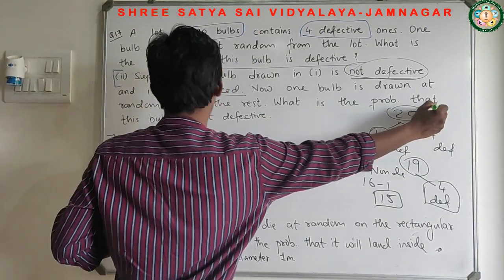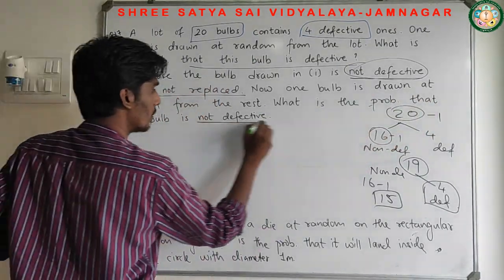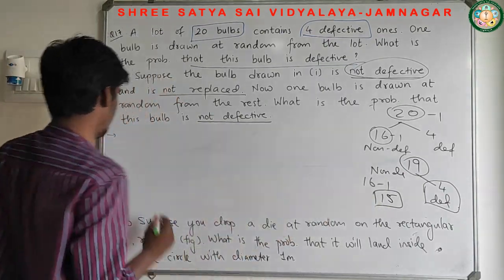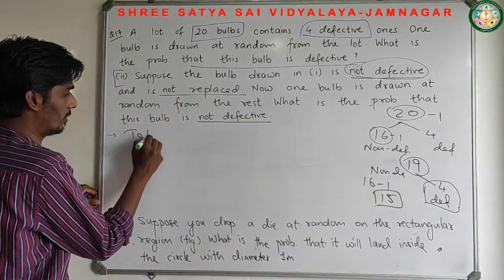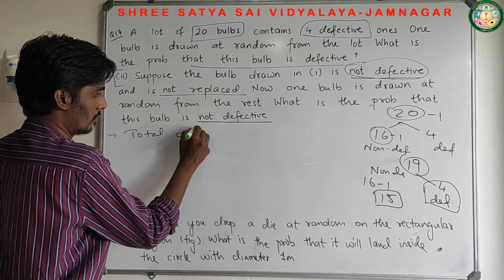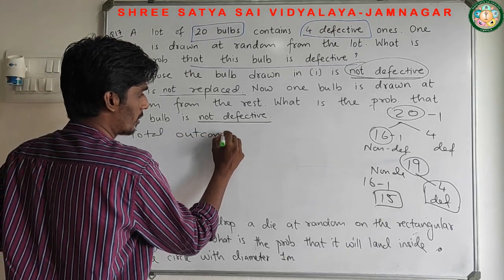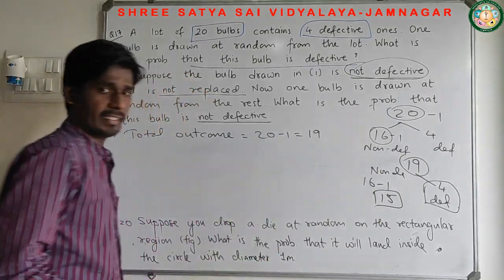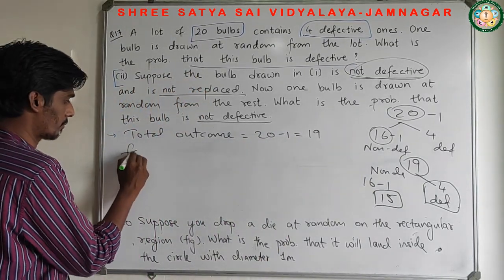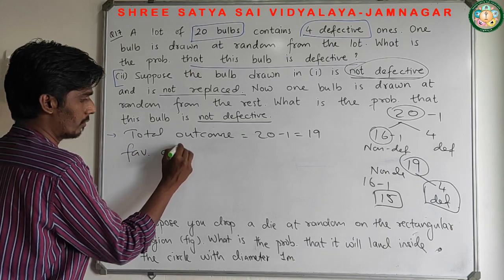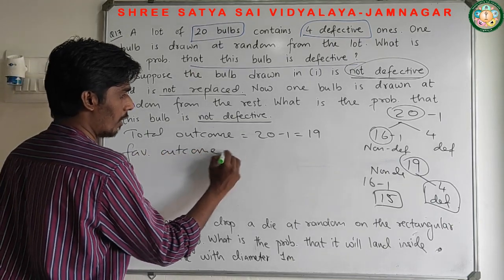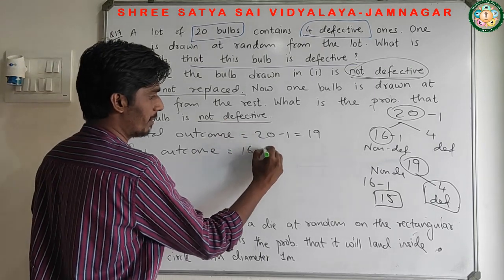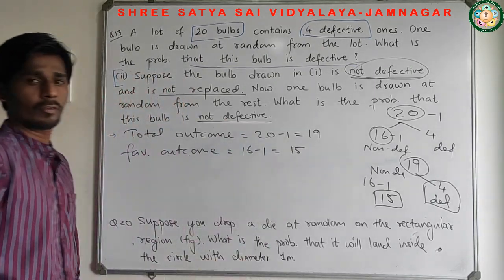Let's find out what we have to find now. What is the probability that the bulb is non-defective? Now how many non-defective are there? 15. So here total outcome is what? 20 minus 1 is what? 19, and favorable outcome is how much? Non-defective means 16 minus 1 is what? 15.